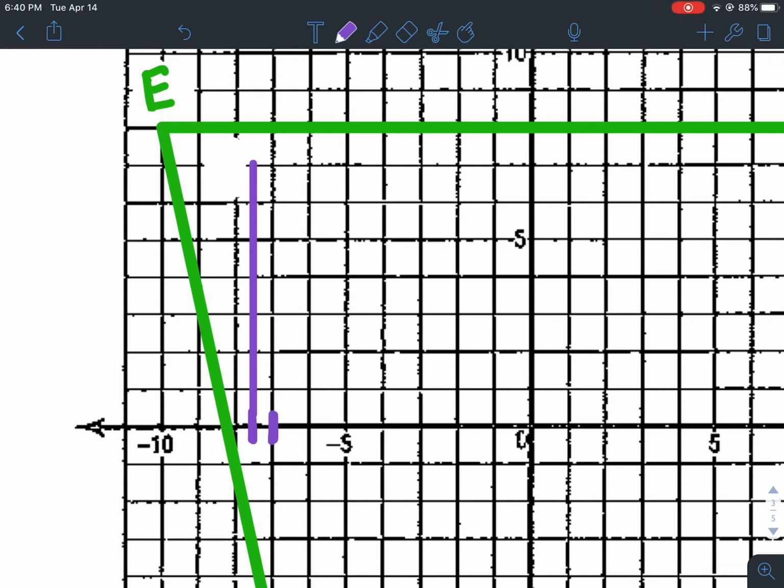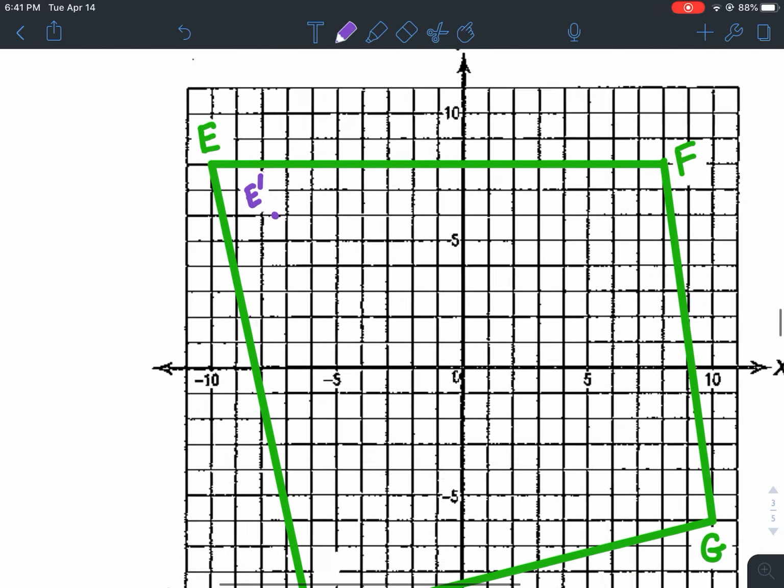So I'm going to be in the middle of the box, and then I need to go up to 6. Right here in the middle, that is where E prime will be. So it's not at the intersection like that point right there is. It's in the middle on line 6.